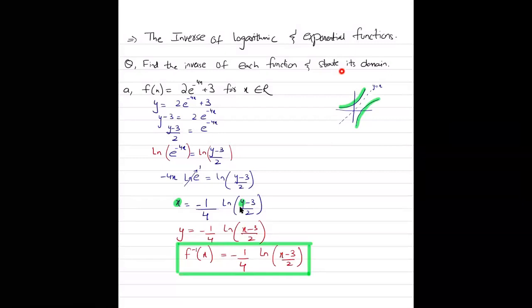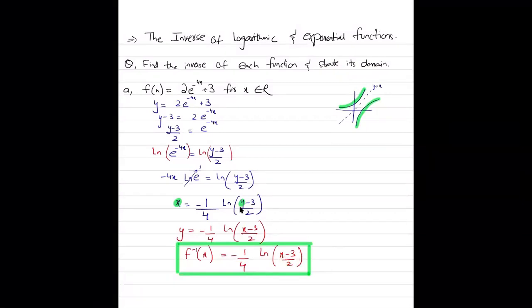Now, in this question, you were also asked to state its domain. What do you think the domain of this function is going to be? Do you remember the logic of a function and its inverse? What is going to be the domain of this function? It's a log function, right? So the log function can never be negative.